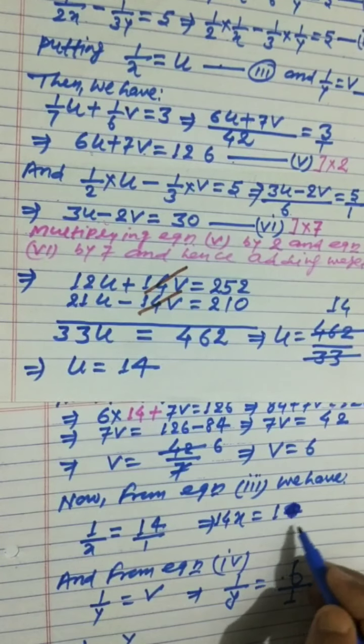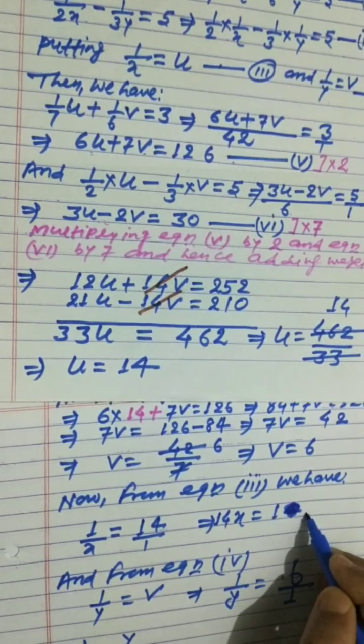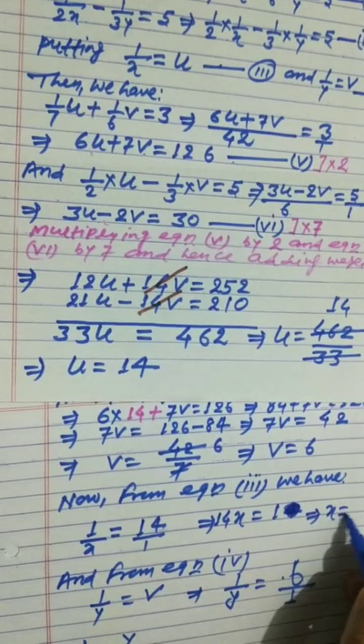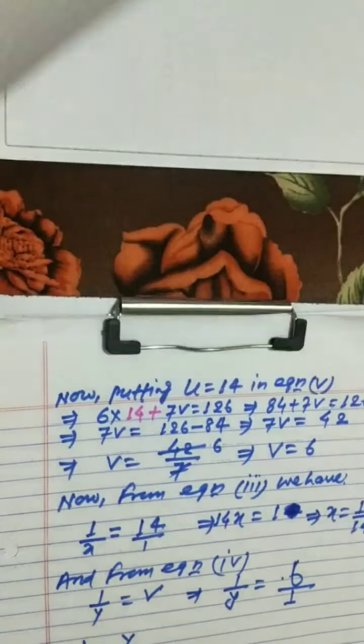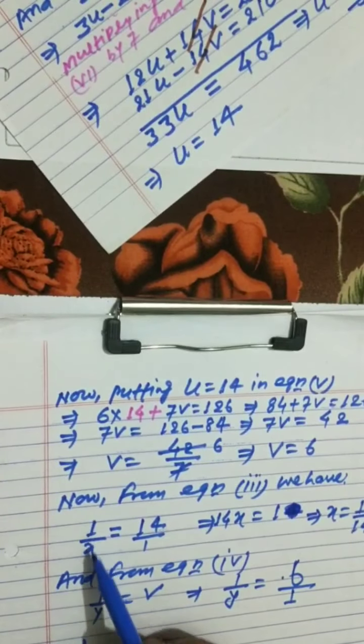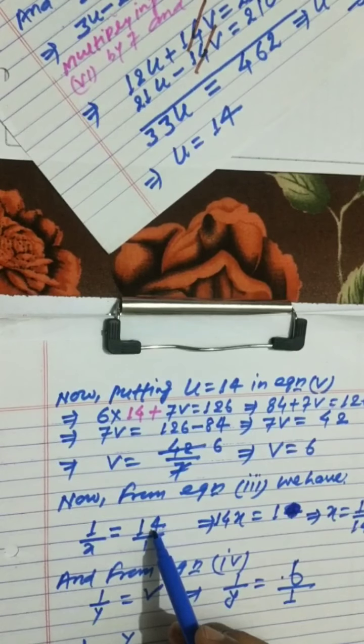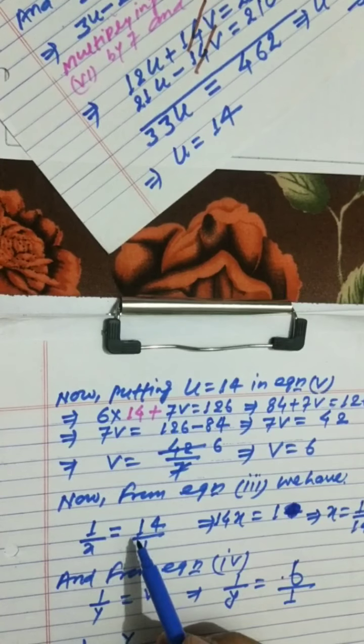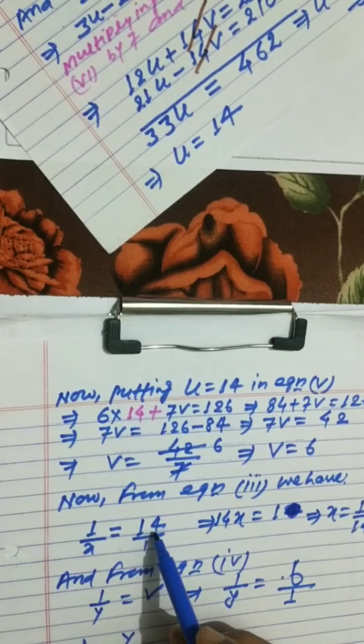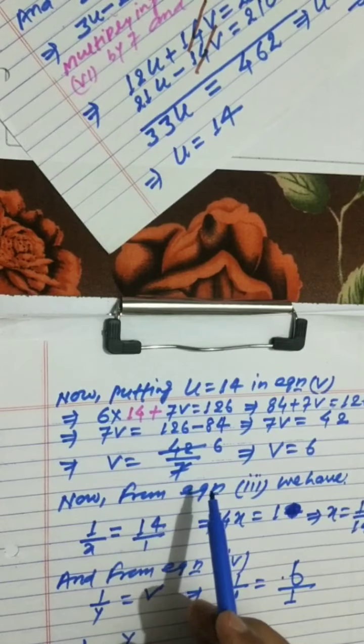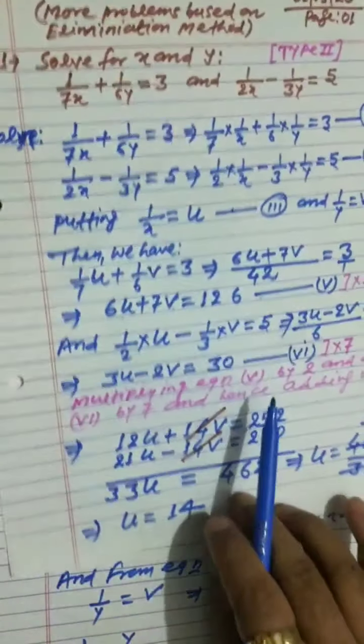This implies that x will be equal to 1 upon 14, because 1 by x is equal to u, and the value of u is 14.